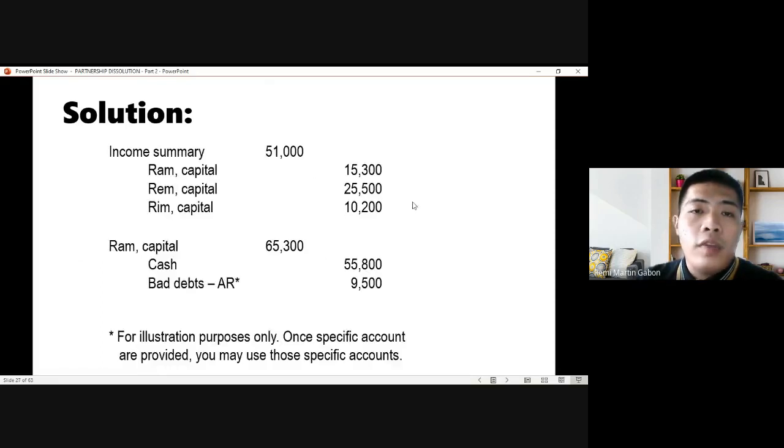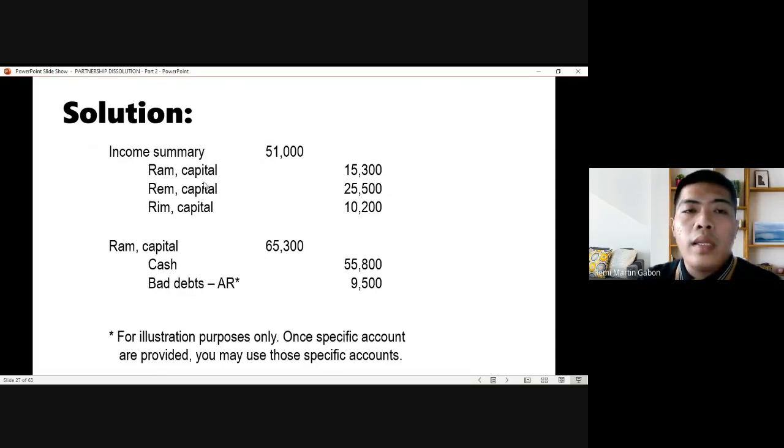Then take effect in the journal entry, the retirement. So debit income summary for 51,000, to take effect the distribution of the net income as of July 1.